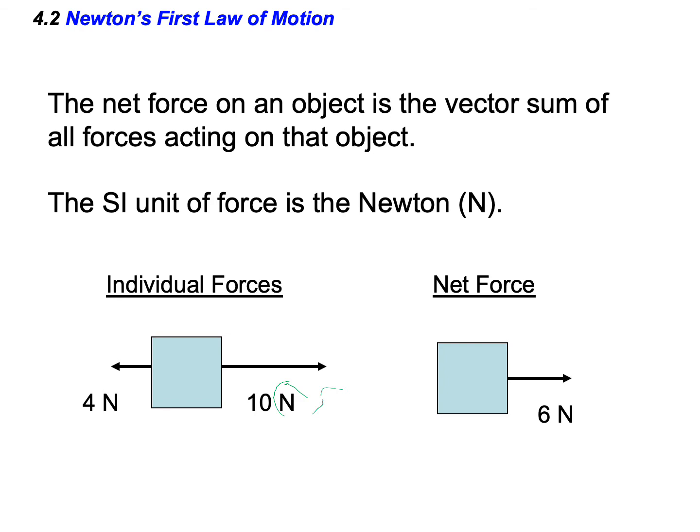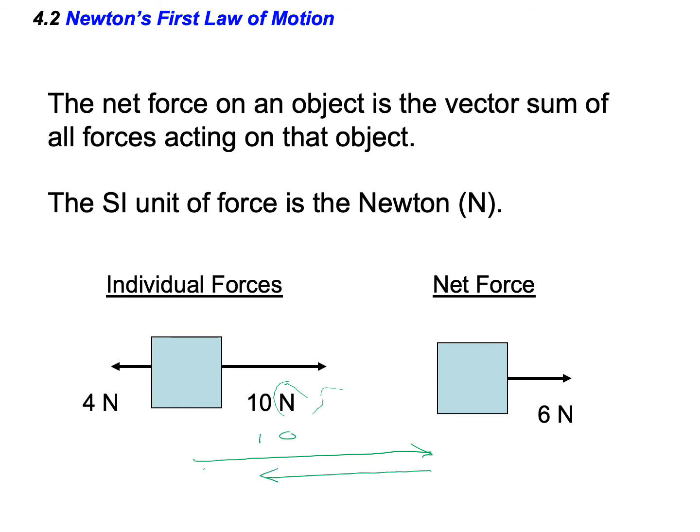So this box has two forces acting on it, 10 Newton to the right and 4 Newton to the left, and we know how to add vectors. We can draw one vector from tail to head, and then we bring the tail of the second force and draw it in the opposite direction because it's the opposite direction.